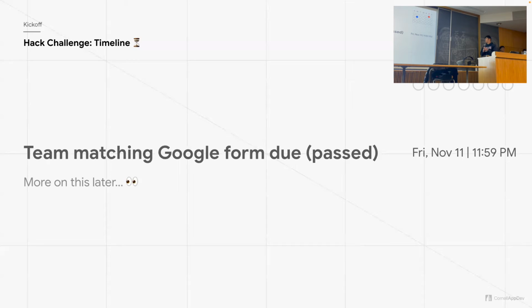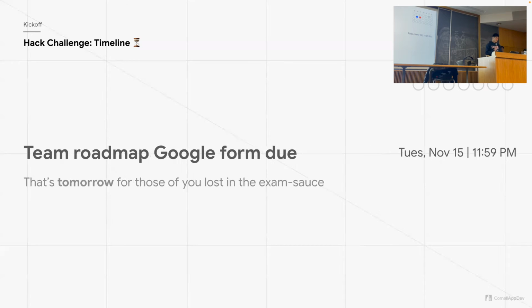So here's the timeline. Like I just mentioned, the team matching Google form was due last Friday, and a lot of you probably have filled it out. We'll cover more on this later. We actually have the team matchings done today, so you'll be meeting your team today, which is very exciting. Tomorrow, once you find your teams today, is when you submit your team roadmap Google form.